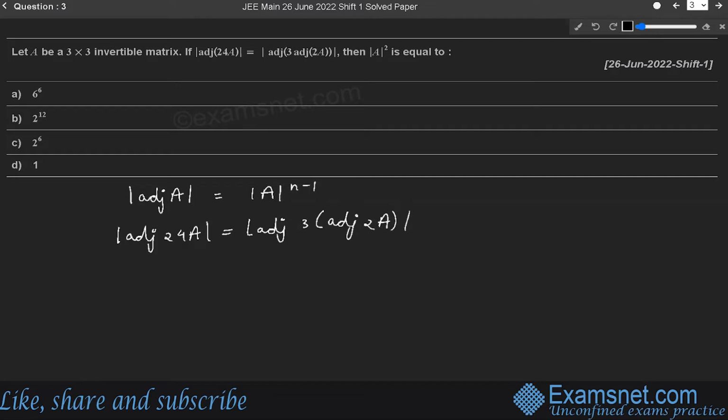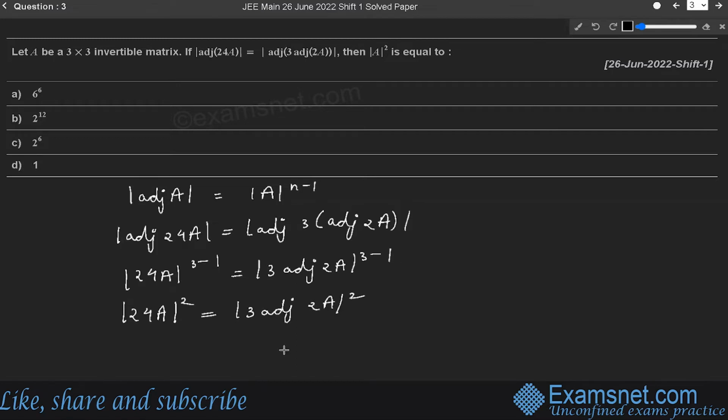So this can also be written as mod of 24A power 3 minus 1 is equal to mod of 3 into adjoint of 2A power 3 minus 1. So mod of 24A power 2 is equal to mod of 3 into adjoint of 2A square.